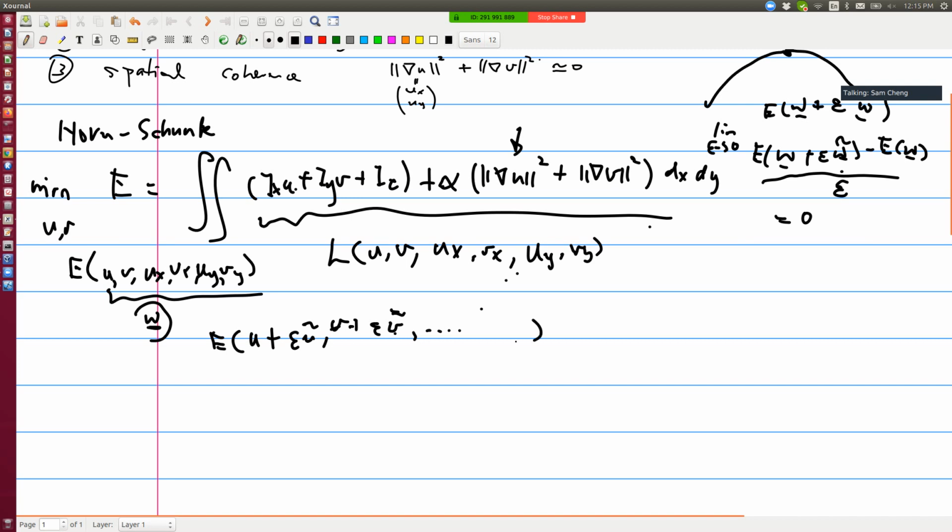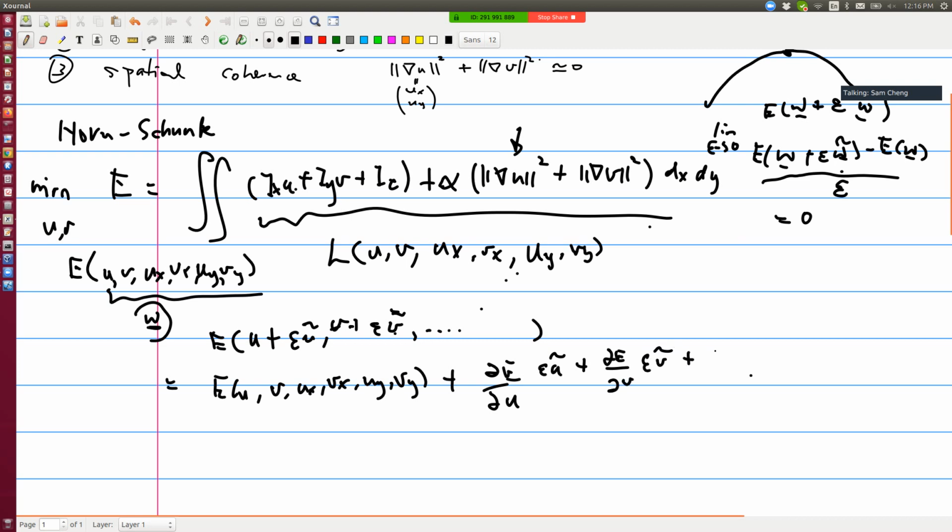There are 4 more variables here. This will be kind of equal to E(U, V, UX, VX, UY, VY) plus I have a partial derivative of E with respect to U times epsilon U tilde, right? And then plus E with respect to V times epsilon V tilde and so on and so forth.